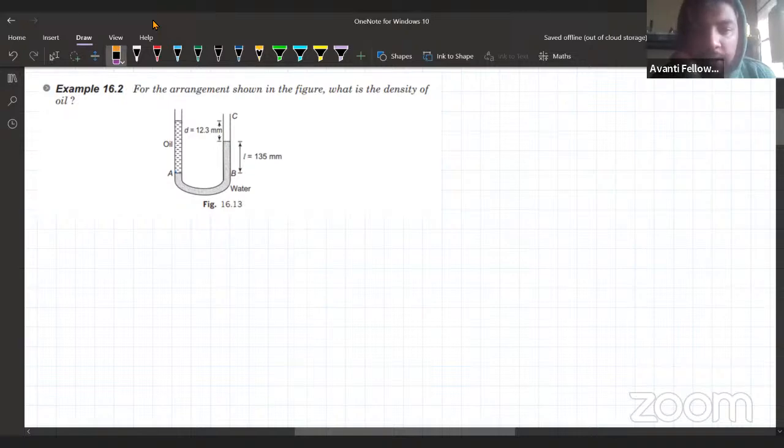Just equate the pressure at these two points, point A and point B. Nothing else. Just try it for yourself. Pretty simple question. Whatever we've seen in the recall, you just have to apply that, nothing else.